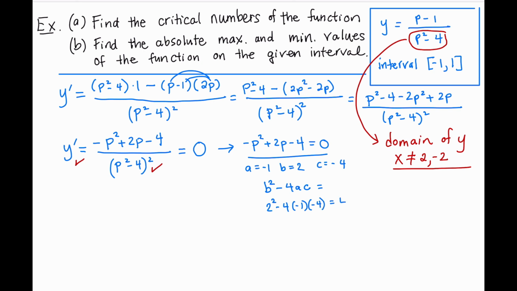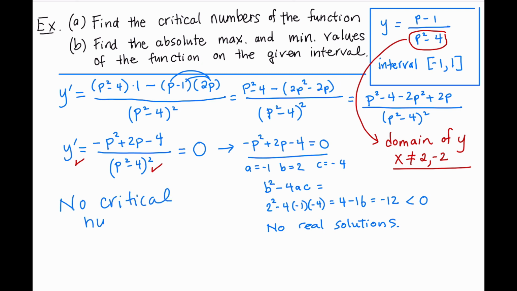This gives me 4 minus 16, which is -12. That's negative, so this quadratic equation has no real solutions. My conclusion here is that there are no critical numbers. That would be my conclusion for part A.